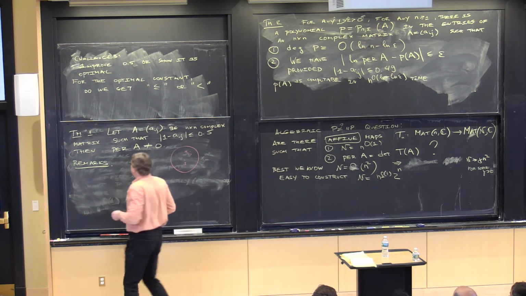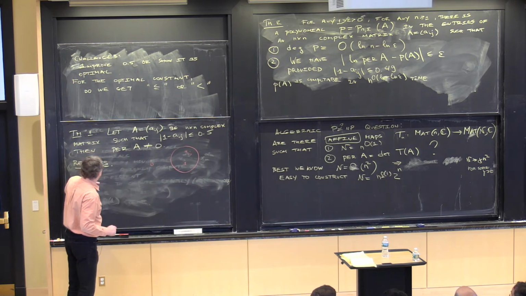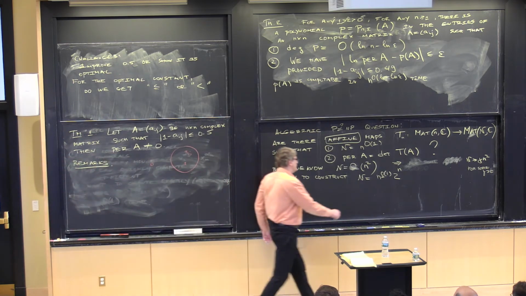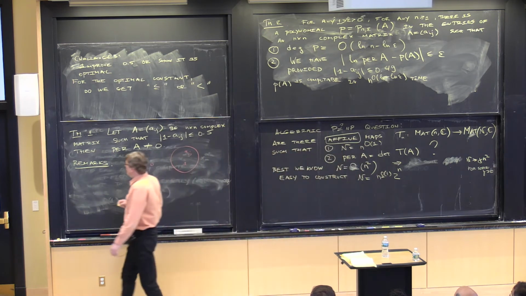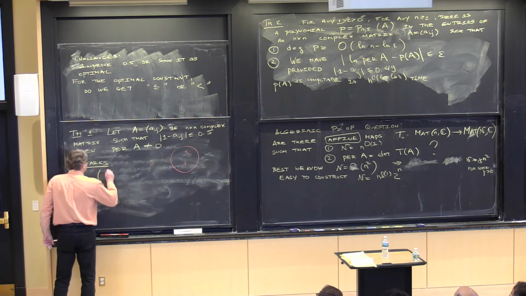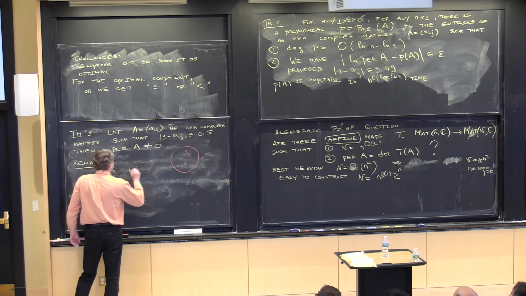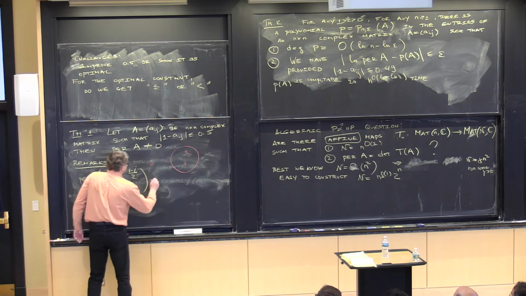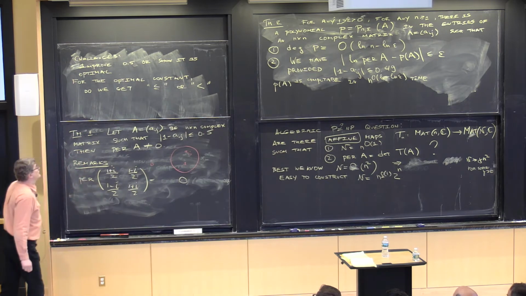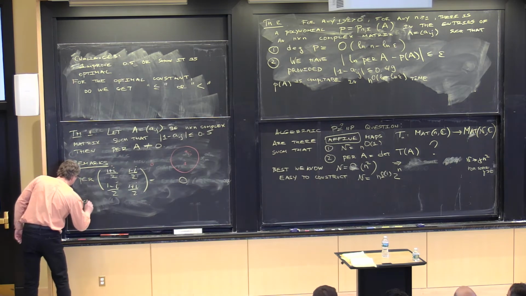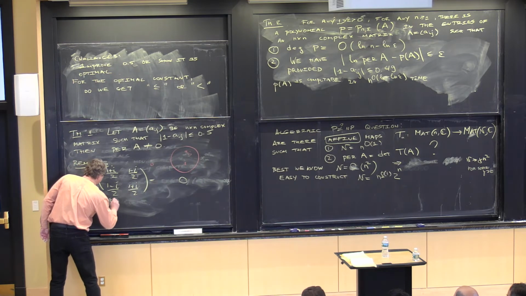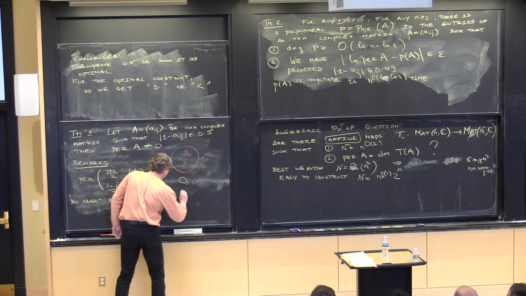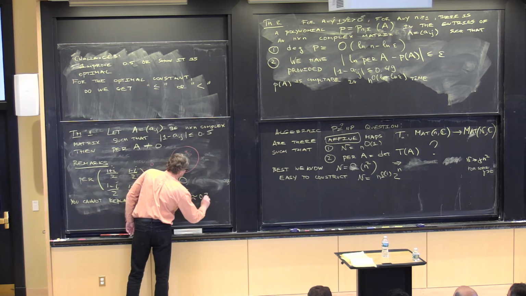So the second remark is that the permanent of one particular matrix is 0, which is the matrix of 1 plus i over 2, 1 minus i over 2, 1 minus i over 2, 1 plus i over 2, from which it follows that you cannot replace 0.5 with square root of 2 over 2, which is approximately 0.71.